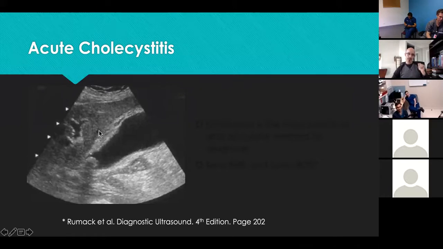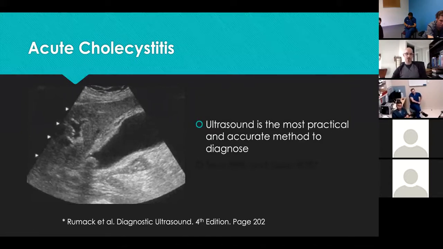Thickening of the gallbladder wall, so more than 3 millimeters. And if you can see, it's kind of a striated gallbladder, so it's not a homogeneous echogenic area. You can see some sort of striation in the gallbladder wall. The other thing is pretty much the same sort of Murphy's sign that you get in the examination.